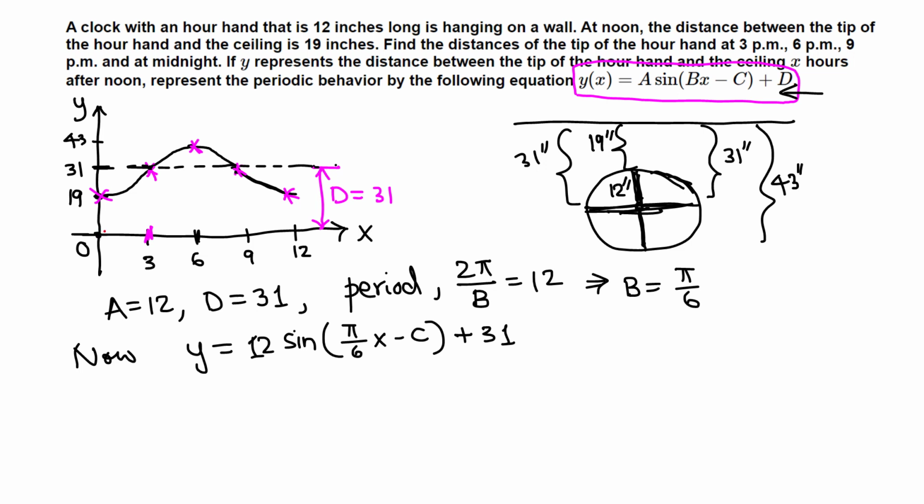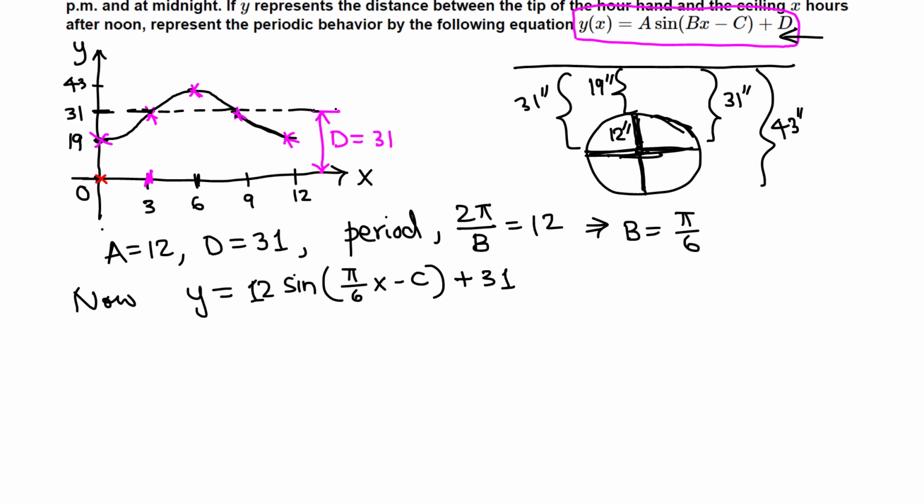The easiest will always be 0, 19. Let's use that. When x is 0, y is 19. So 12 times sine of pi over 6 times 0, minus C, plus 31.